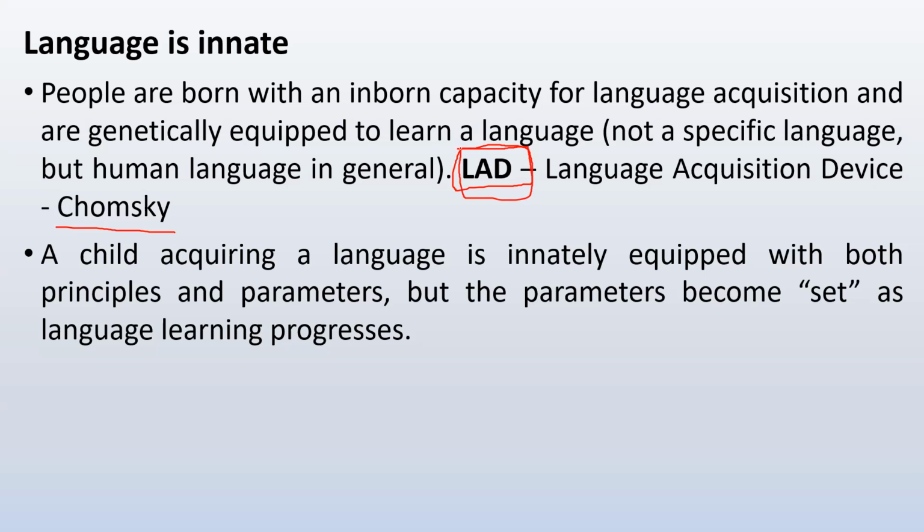Now I have a question for you. When an infant is born, when a baby girl or a boy is born, is he or she coming to this world with a language or without a language? With or without? You have any clear idea? With. Right.